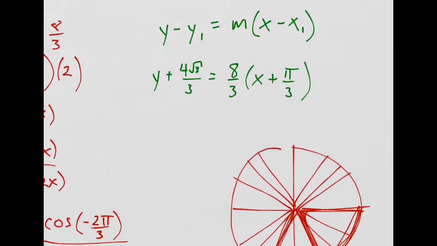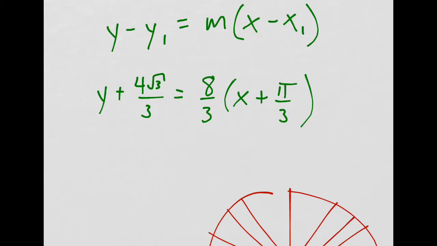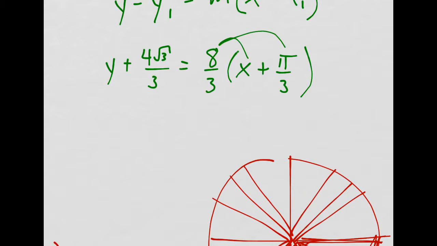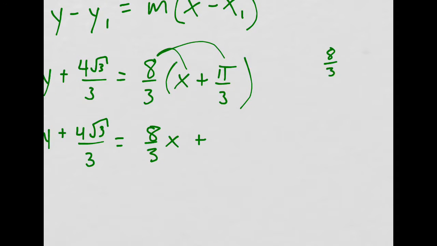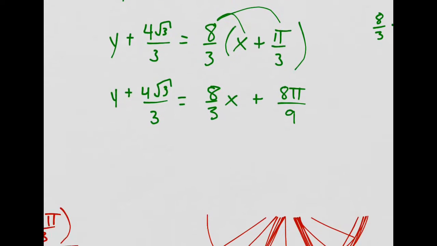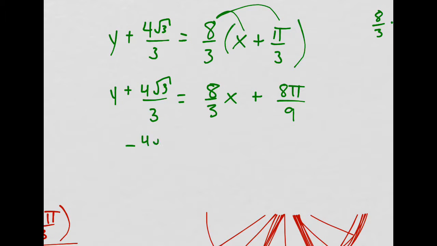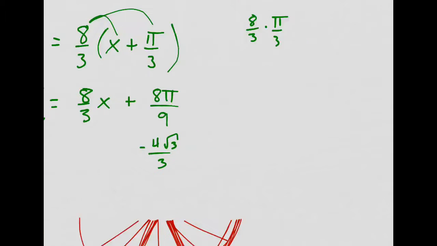And then to get it into slope-intercept form, which is y equals mx plus b form, well, I just distribute this, and eventually I'll move that over by subtracting. So let's distribute first, and then 8 over 3 times pi over 3, that's just 8 pi over 9. And now I can subtract 4 root 3 over 3 minus 4 root 3 over 3. So that goes away.